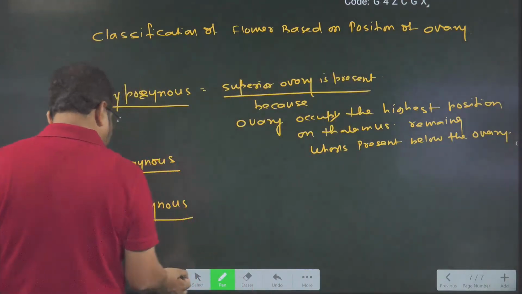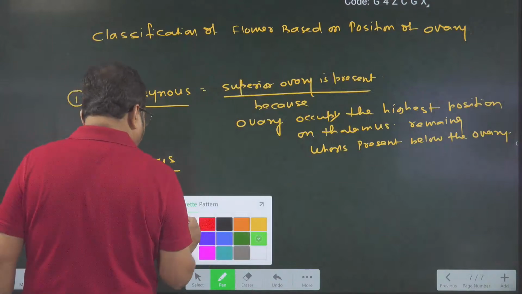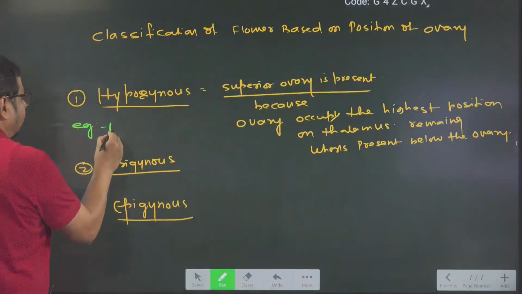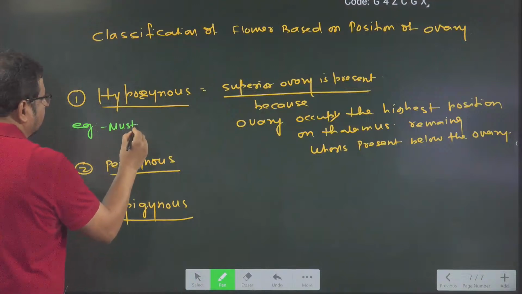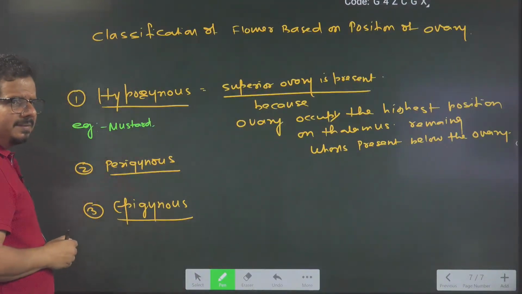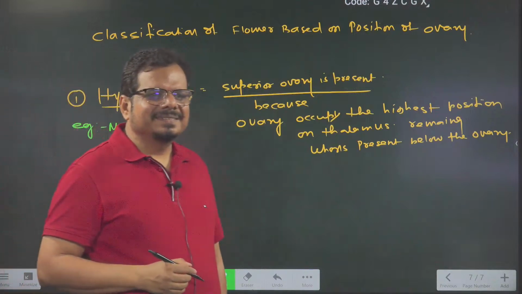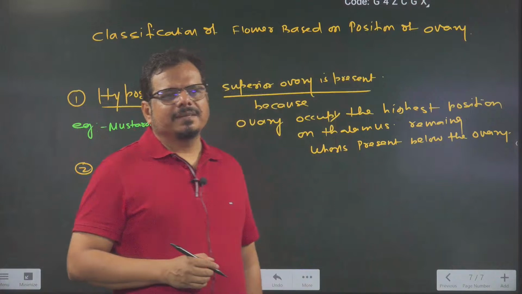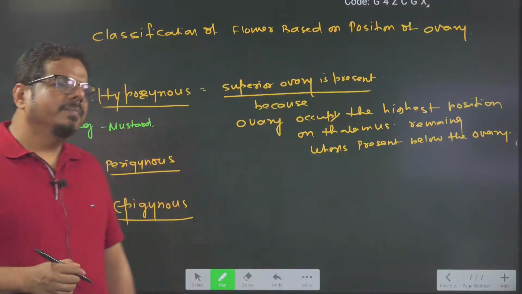You got the idea? Can you write the example of hypogynous? Mustard. Next example is? Tell me. Mustard, China rose and brinjal.